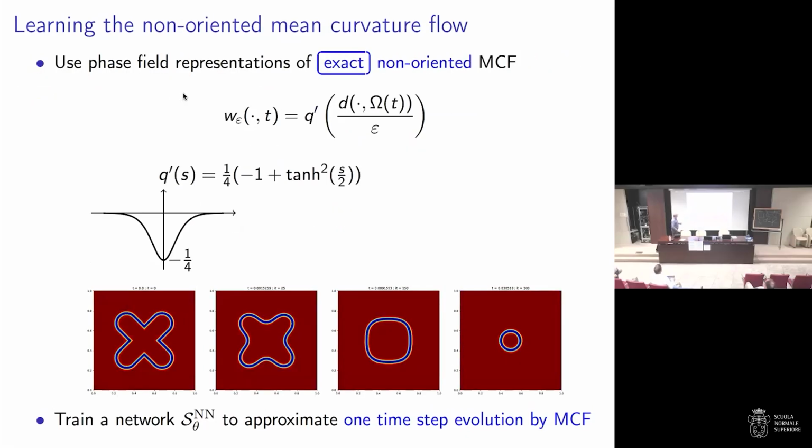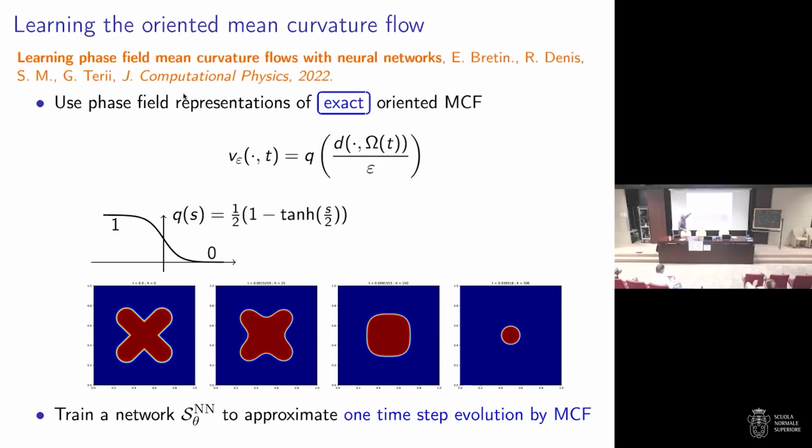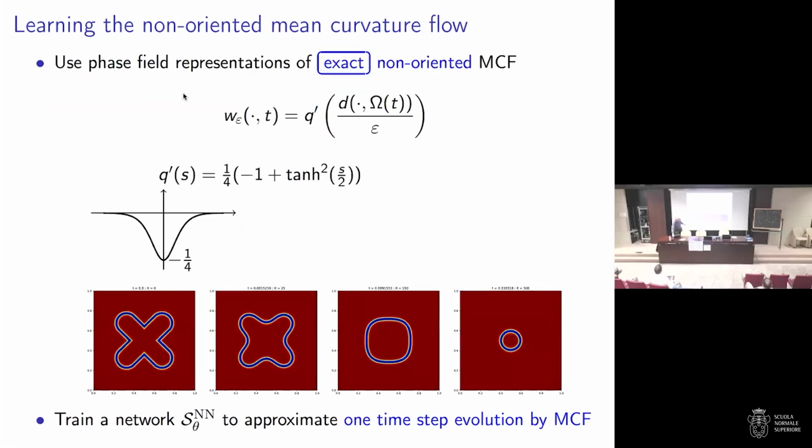And for the unoriented mean curvature flow, we do the same, except that instead of working with the optimal profile, you remember that Q is the 1D optimal solution to the 1D energy. But if you just consider the derivative of Q, Q prime, it is localized around 0.